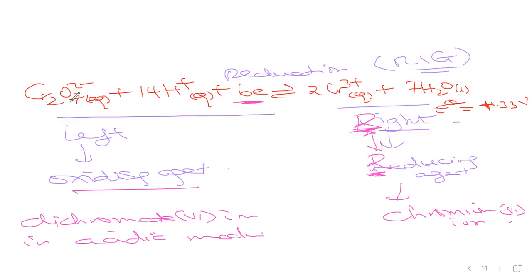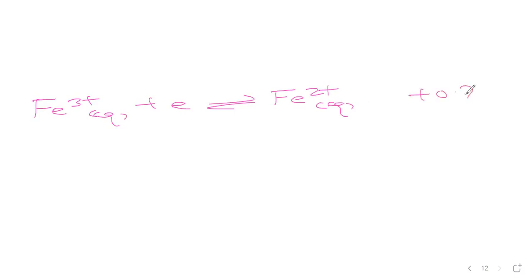Let me have two equations now. Let me pick two other than that one. I'm now picking the iron 3 ion plus an electron to give me the iron 2 ion. This reaction here, the reduction potential for it is positive 0.77 volts.